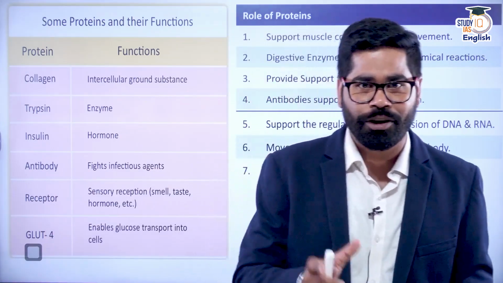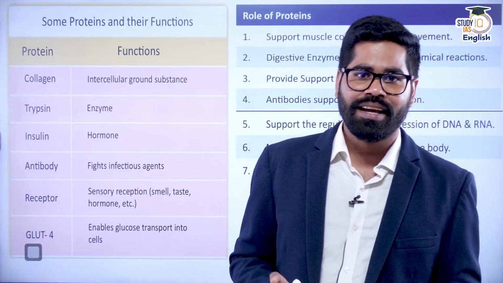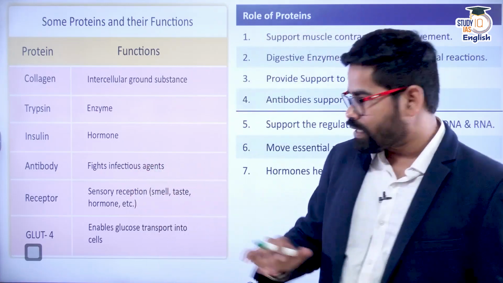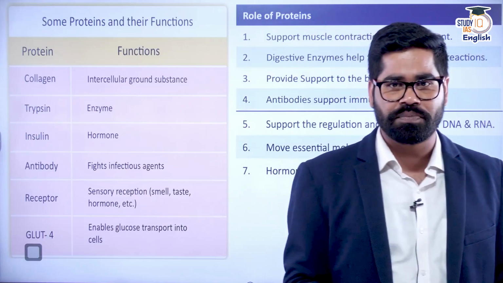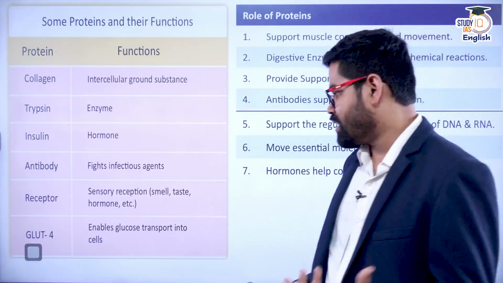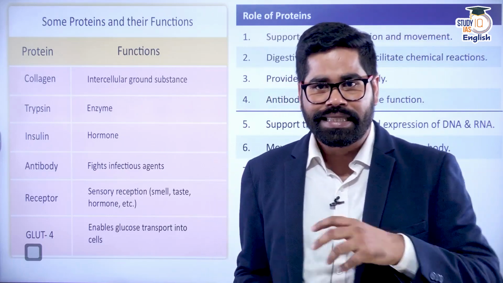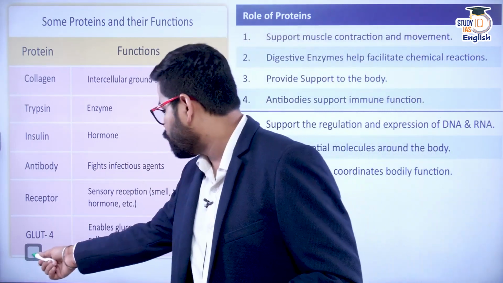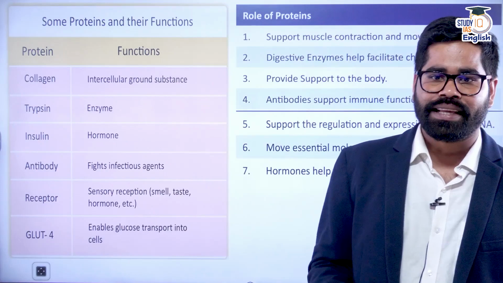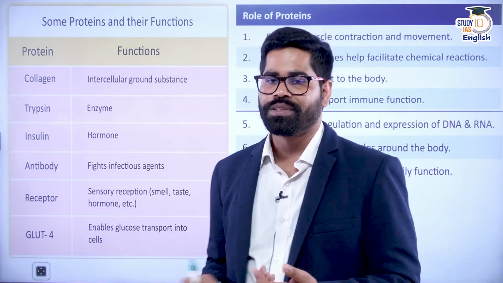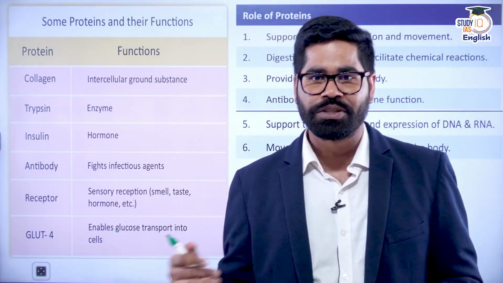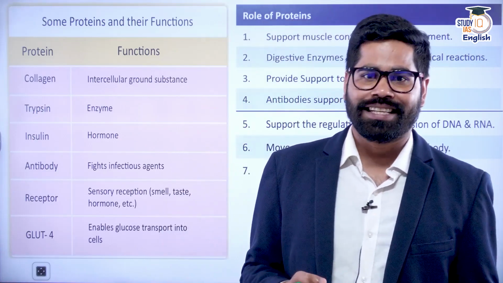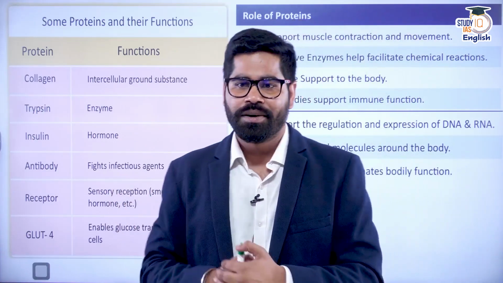So it fights infectious agents. Then the receptors, the sensory reception, smell, taste, hormones, etc., are all basically proteins. Then we also have GLUT4, which enables glucose transport into the cell, so that cells can produce energy. That is again done by a protein.